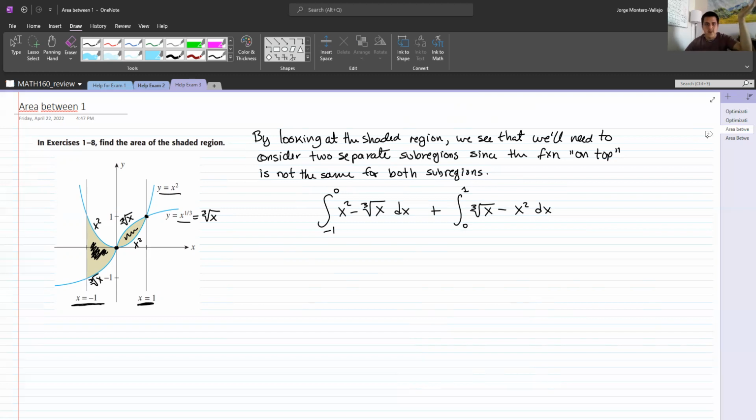It's totally correct. But just to show you that you can also do this by finding the intersections yourself, you just need to set x squared equal to the cubic root function. Mainly I want to show you how to solve this equation, because this could show up in the future again, like on the final exam.